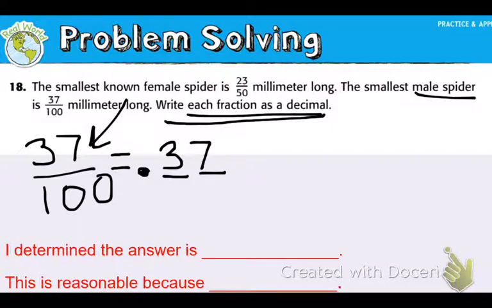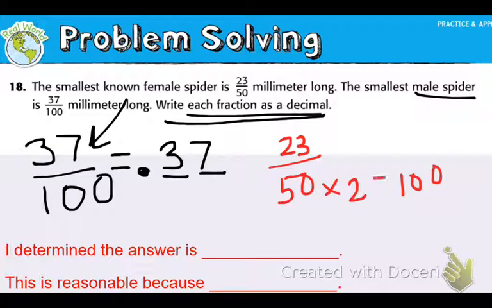I need to make that fraction have 10, 100, or 1,000. I'm going to change it to 100 because I know 50 times 2 is 100. So I just need to figure out what is 23 times 2, or what is 23 if we double it. Well, that's 46.